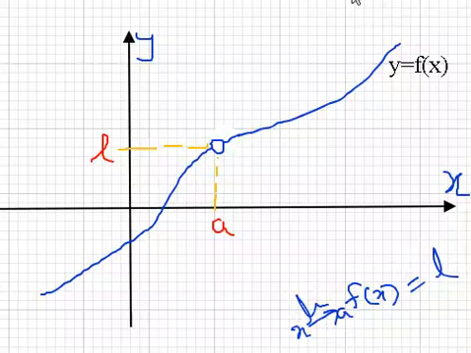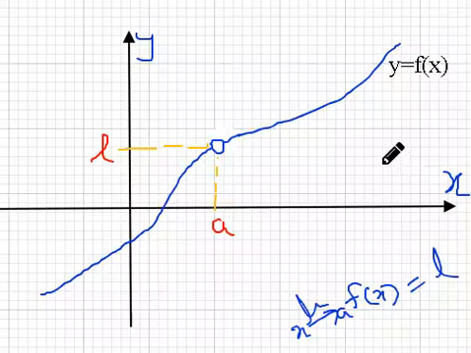So let's start defining the rigorous definition of the limit, right? Here this function approaches L as x approaches a from the left and right side.